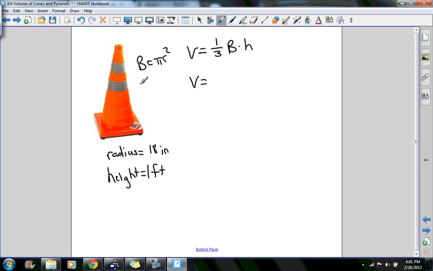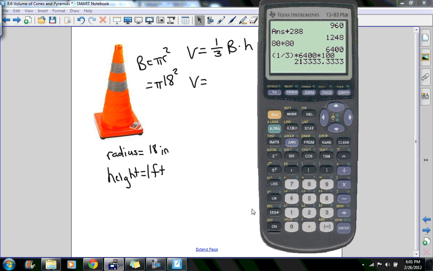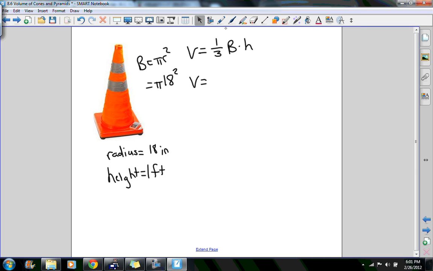Well, the radius is 18, so it's going to be pi times 18 squared, and 18 times 18 is 324. So therefore, our answer is going to be 1/3 times 324 pi times our height, which is 1 foot.